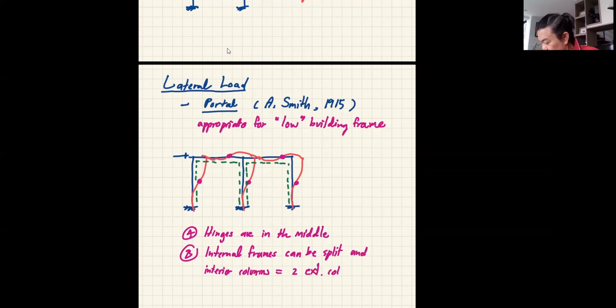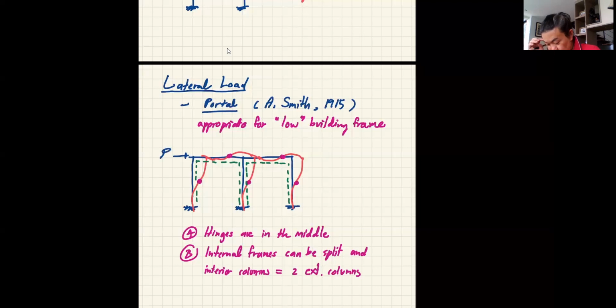Oh, can't spell column. Okay, so you can say that if I have this load P, you split this into 2 doors. We can now say that this is V, 1 shear. And then because this has 2 columns, from 2 doors, 2 portals, the shear of this internal column is equal to 2 external columns.